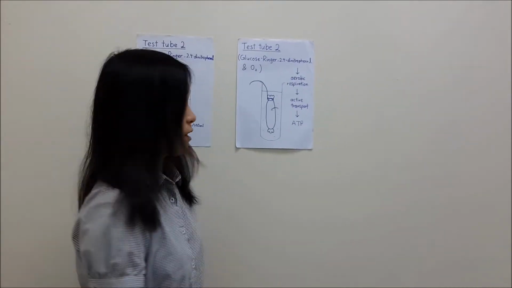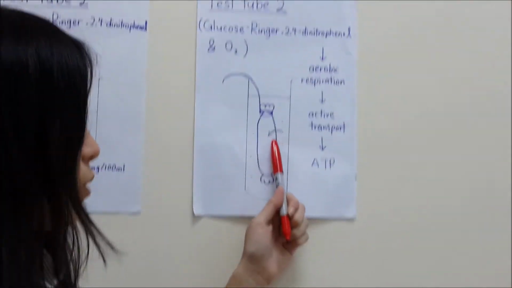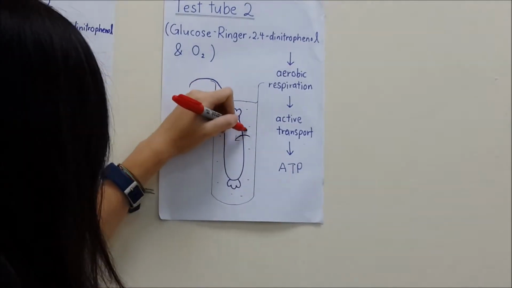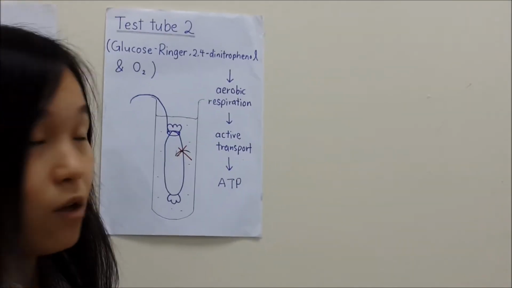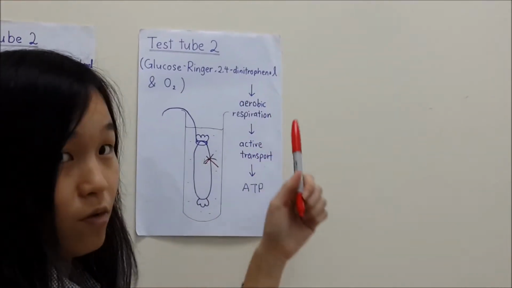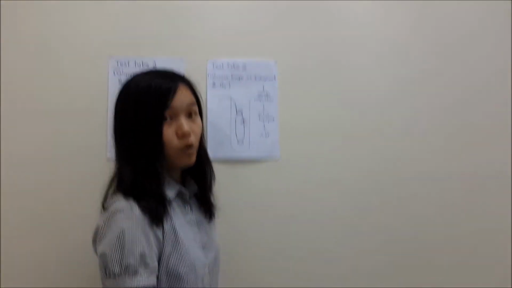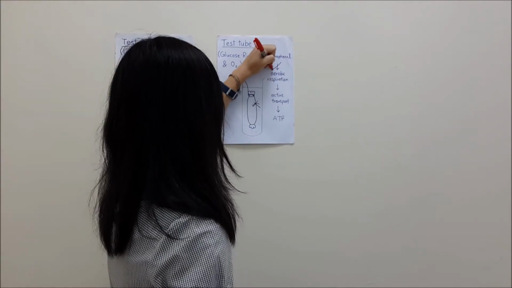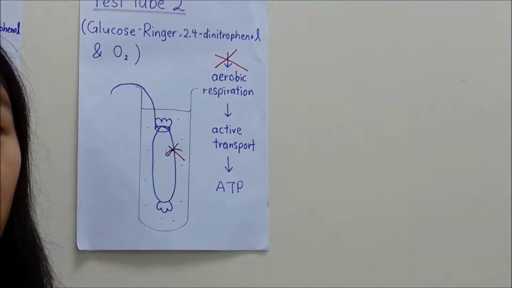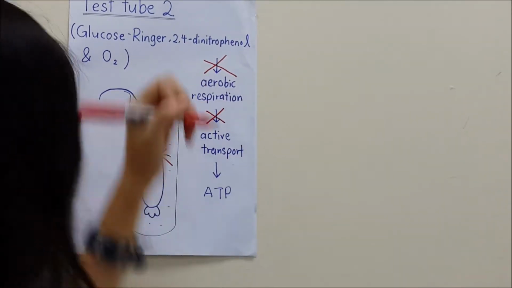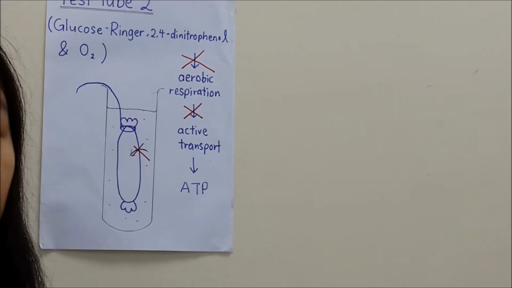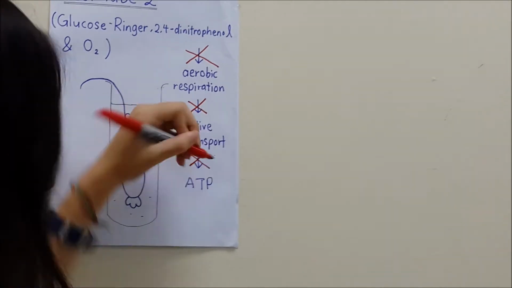This shows that there is no active transport of glucose molecules from the tube into the sac. Hence, we can conclude that 2,4-dinitrophenol is a chemical inhibitor which inhibits aerobic respiration, causing no active transport of glucose molecules to take place, so no ATP molecules are produced.